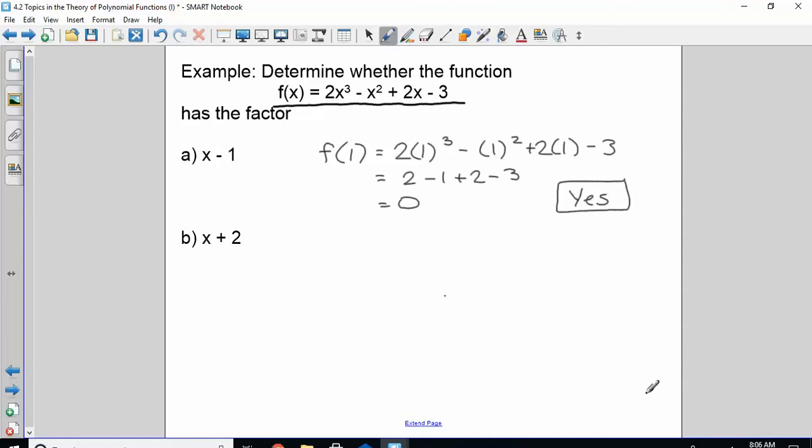The other option would have been to do synthetic division. The 1 would have been the number in the box, and then you just care about your remainder. So this is faster, but synthetic would also work. Okay, why don't you guys do B? Decide if x plus 2 is a factor.